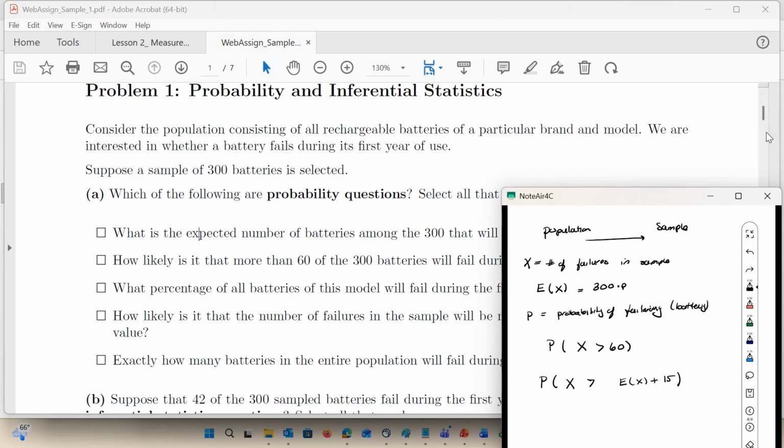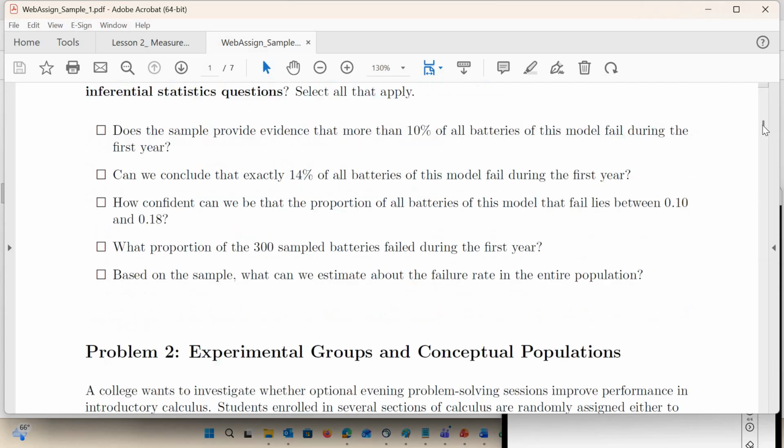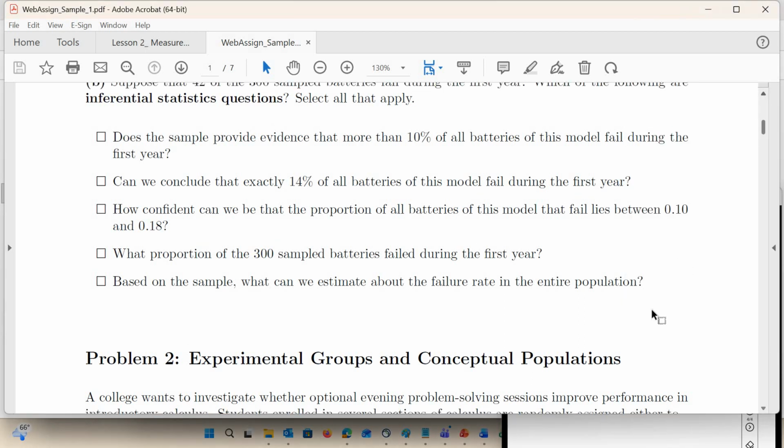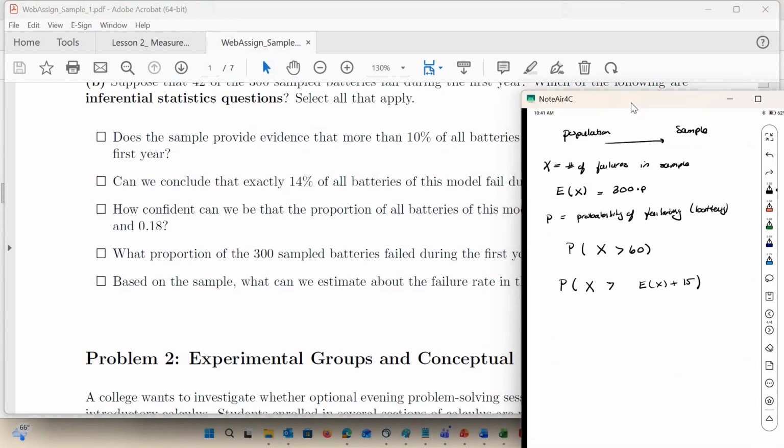Let's move to the statistical inference world that's down below. Let's go a little bit further. How do I know which one of these are going to be statistical inference? Well, statistical inference goes the other way around. In your book, again, there's a little diagram where they have arrows pointing everywhere, but I'm just going to make a little picture.